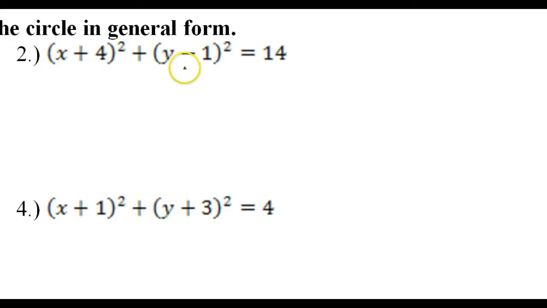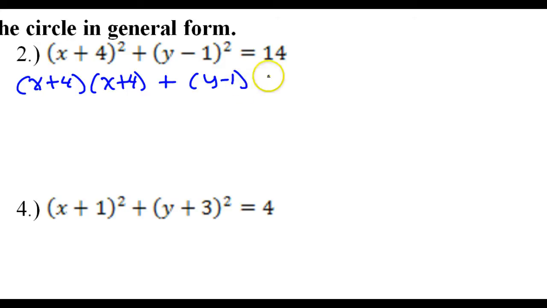Number 2, same thing. So (x plus 4) squared is (x plus 4) times (x plus 4). (Y minus 1) squared is (y minus 1) times (y minus 1). Okay. And this is equal to 14. So distributing these x's, I've got x squared plus 4x.